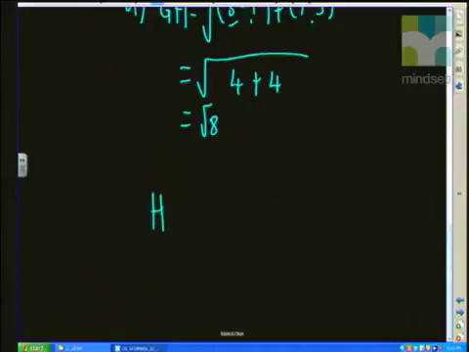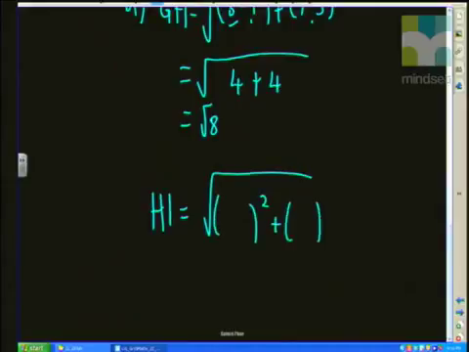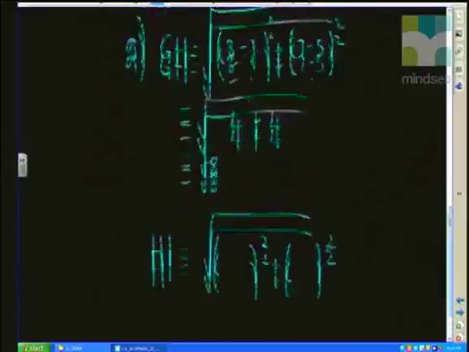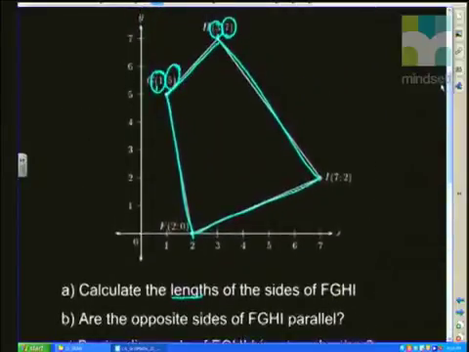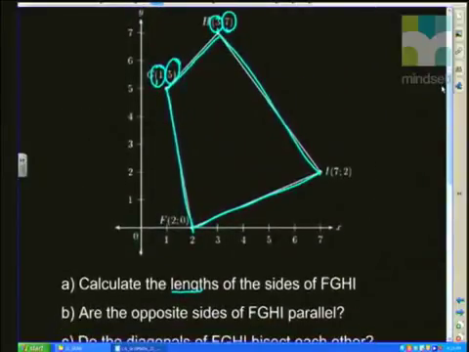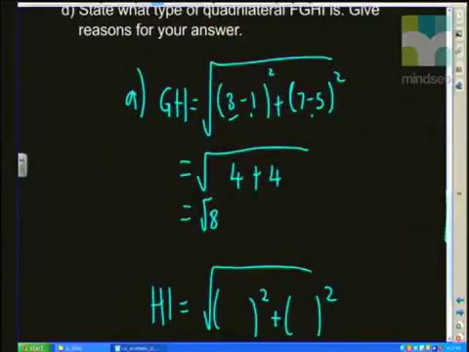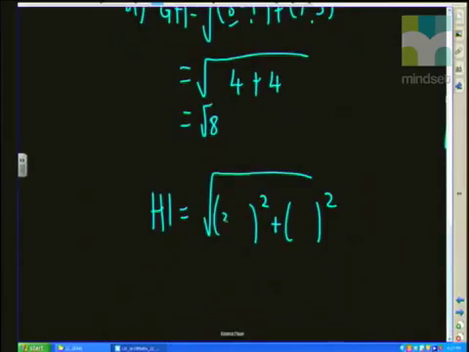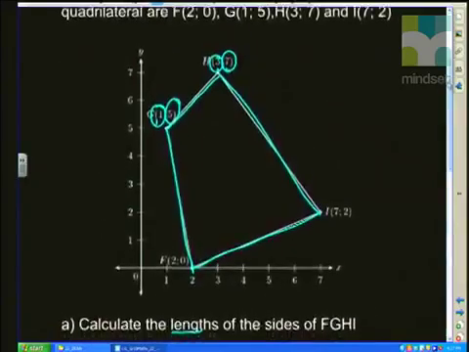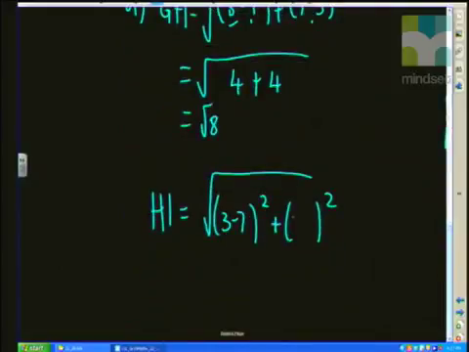All right, so let's move on to the next one, which is finding the length of HI. I'm just going to write it straight into the formula now. So here we're going to get 3 minus 7 squared plus 7 minus 2 squared.